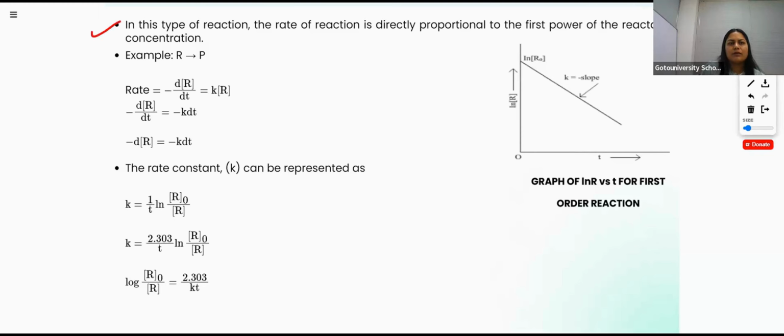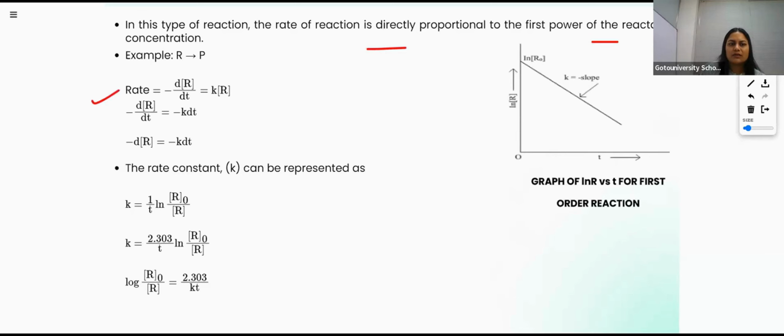Let me move to first order reaction. In this type of reaction, the rate is directly proportional to the first power. As in zero order reaction, the rate has a direct relation with the zero power, similarly, for first order the rate of reaction will be directly proportional to the first power of reactant concentration.